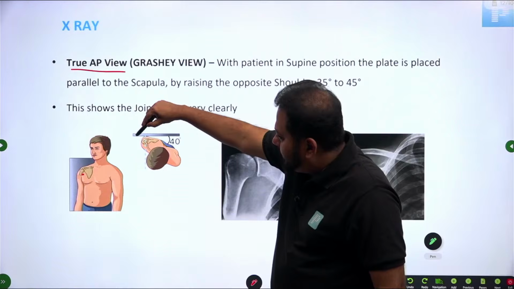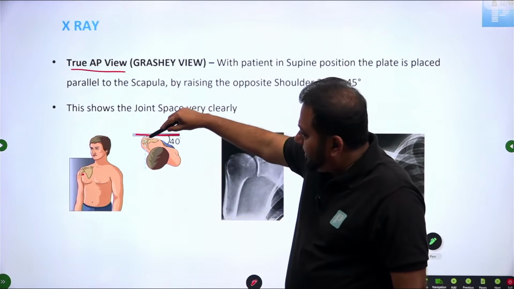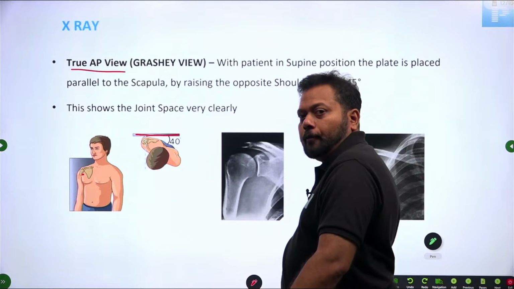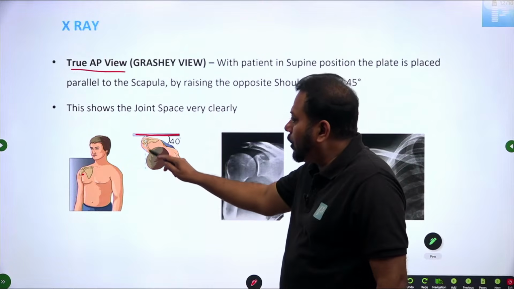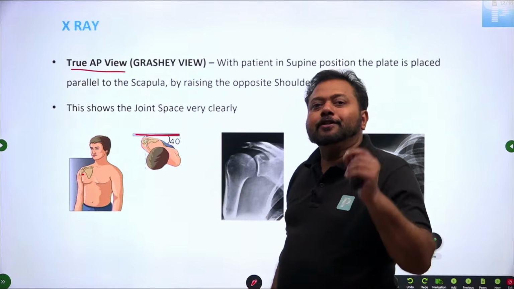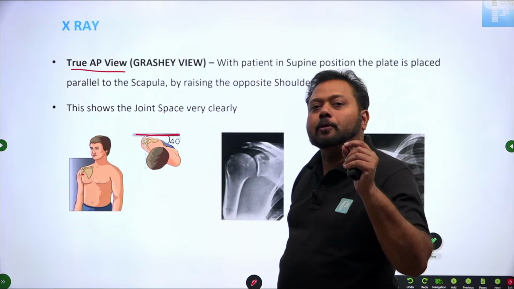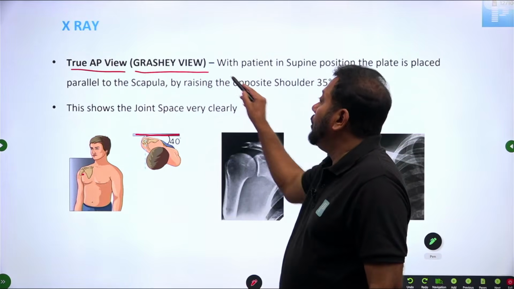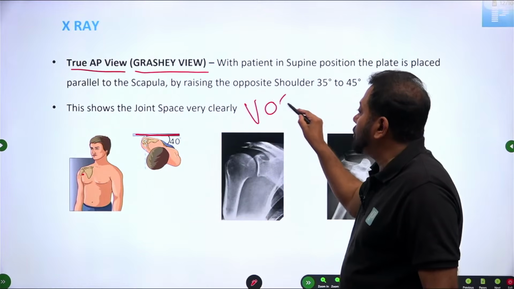This is the X-ray plate. The right shoulder is close to the plate, and the opposite shoulder is tilted to 40 degrees. This is called true AP view. This is the best view to see shoulder dislocation. True AP view is otherwise called Grashey's view, and this is the view of choice.